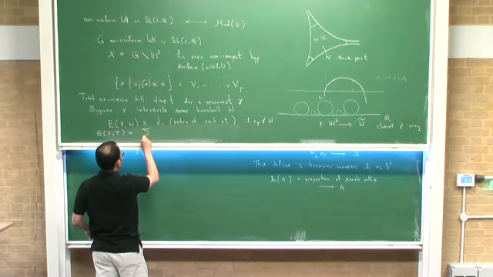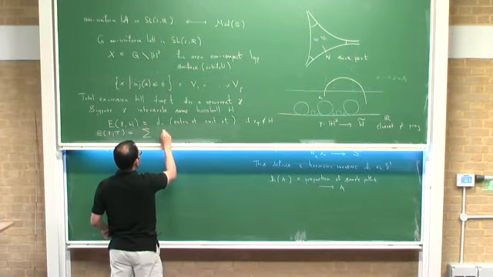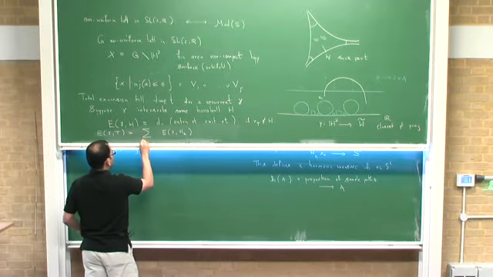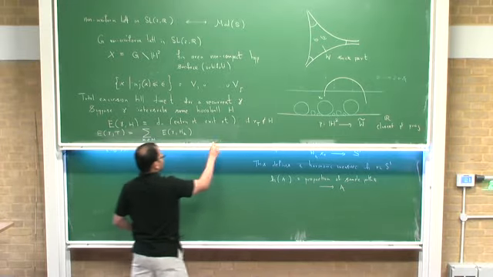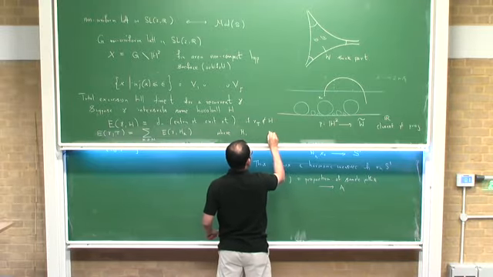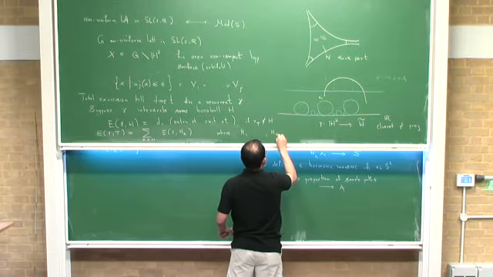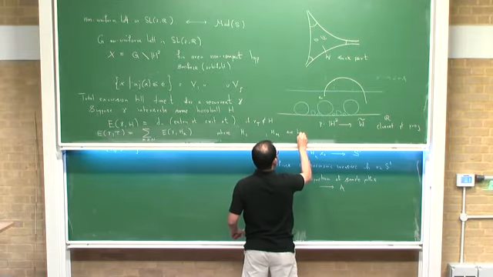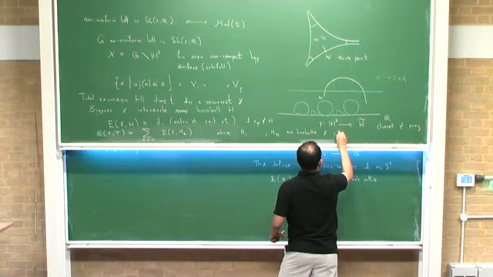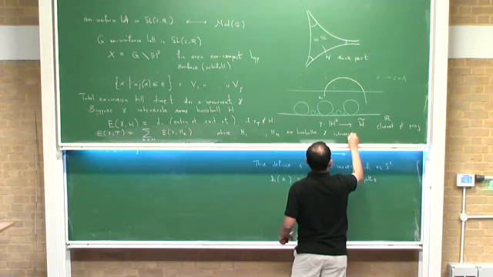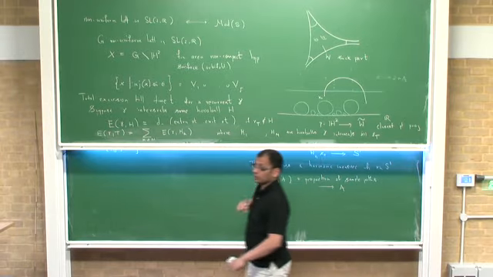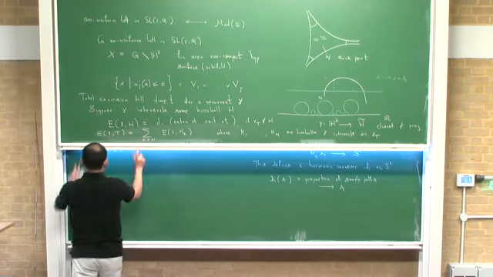So you take the sum of the excursions up to time t, k less than or equal to n, where h1, ..., hn are horoballs gamma intersects up to time t. So we just added up all the excursions. That's what I mean by total excursion.